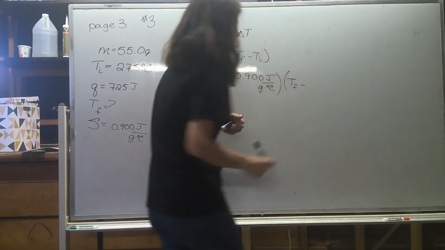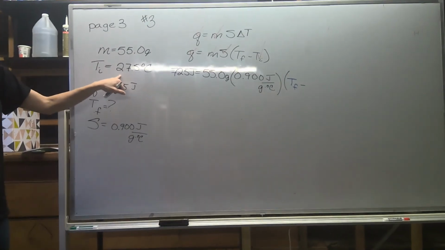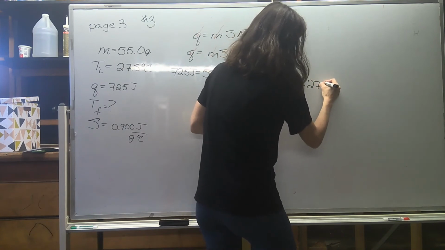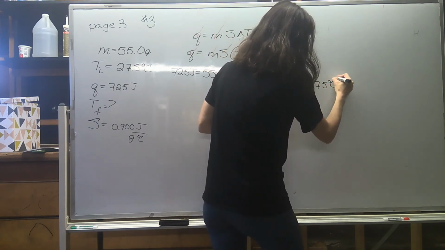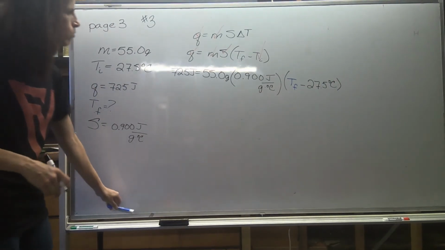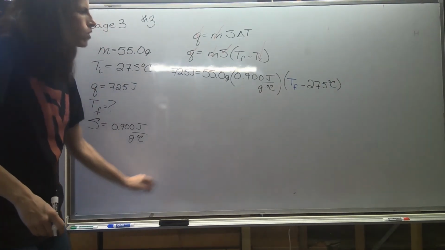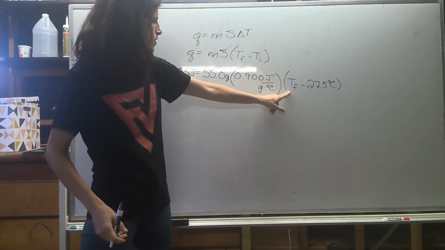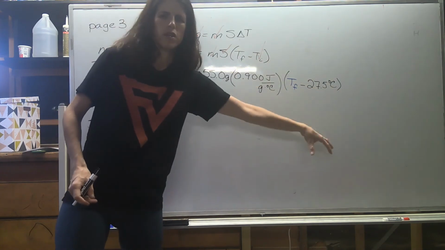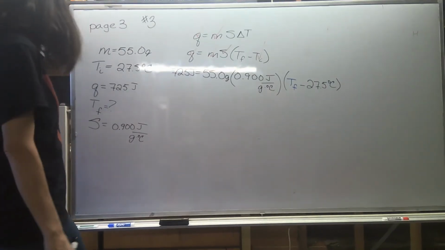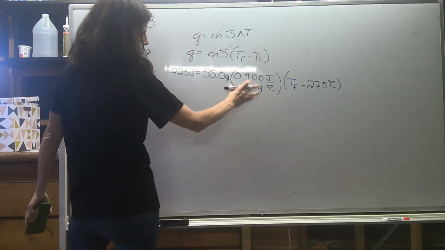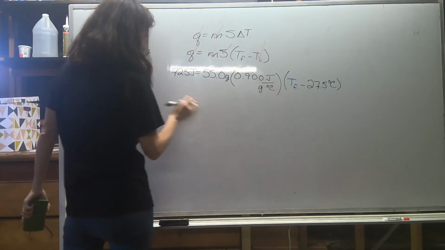And then we do know our initial temperature, that's 27.5 degrees Celsius. All right, so the unknown is in the parentheses. We could take the approach of distributing to get rid of the parentheses, but I think it'll be a lot easier if first we multiply these two values and bring this new term over.